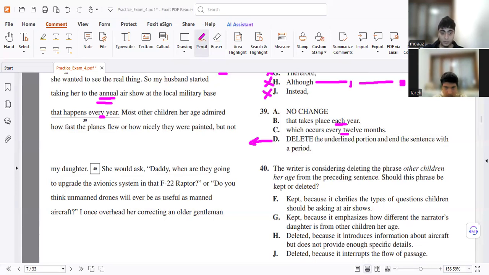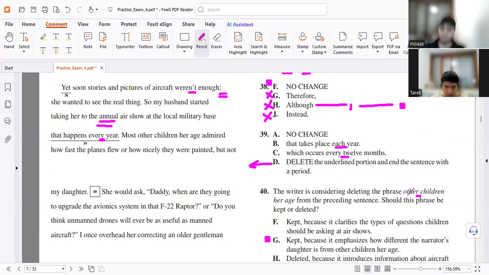Letter G. Yeah, letter G, correct. Right. As you understand. Remember, when we say delete a phrase, don't focus on the phrase, focus on the whole sentence. Imagine. Right, be careful, my friend.